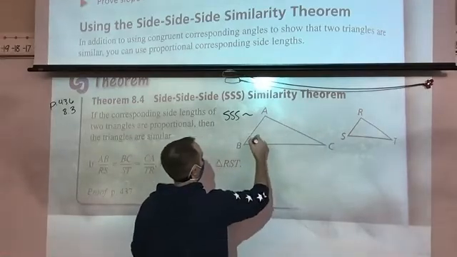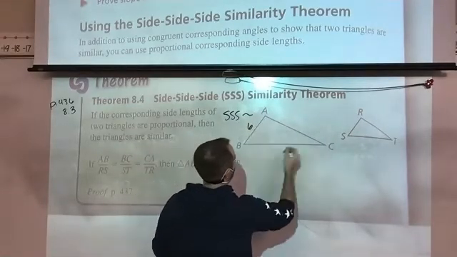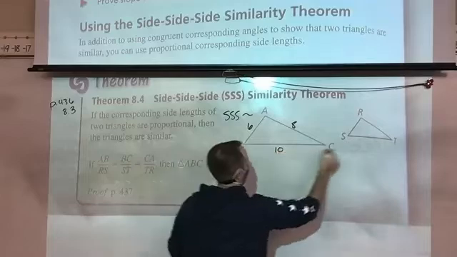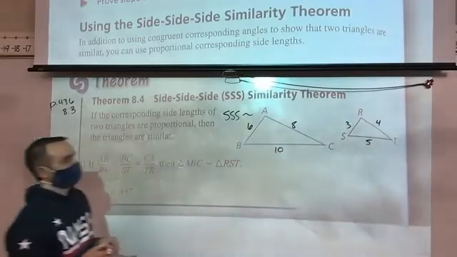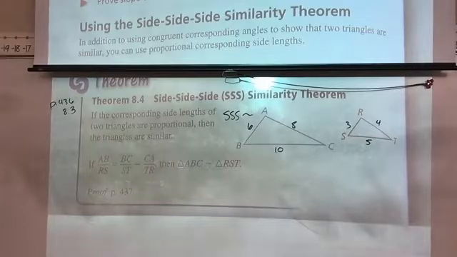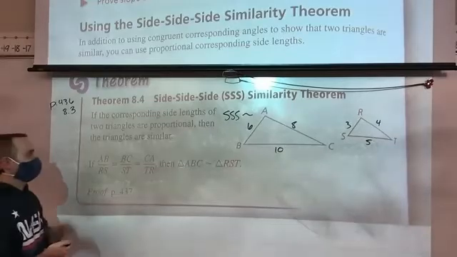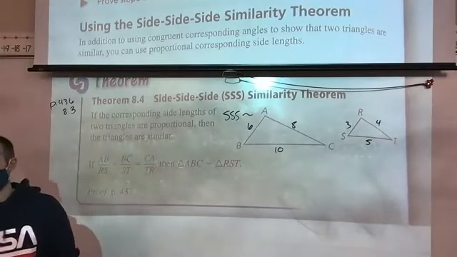So that would be, if we're looking at 6, 8, and 10, and this is 3, 4, and 5, they all simplify down to the same thing, either 2 or 1/2, depending on how you write it. Since all three simplify down to the same fraction, they are proportional, meaning the triangles are similar.